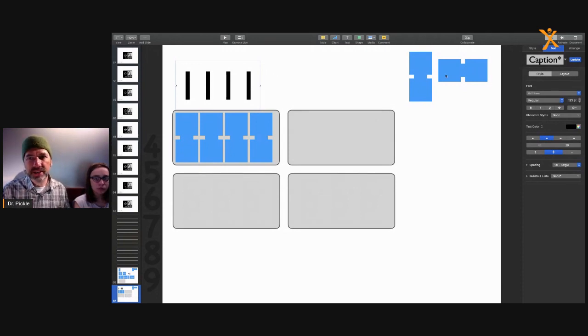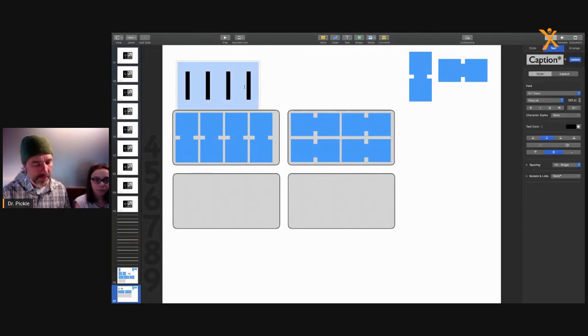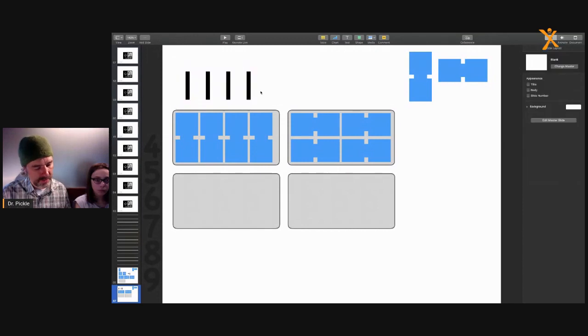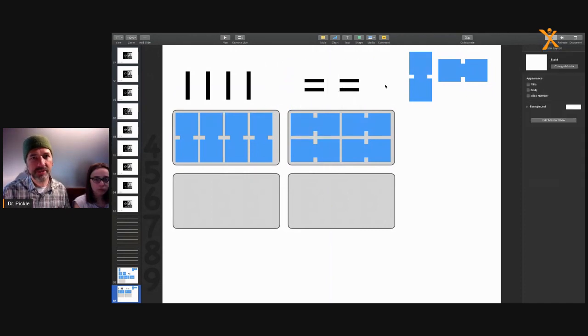Heatley is suggesting, using the same method, this solution, which is just this one. This is just equals and then equals. Okay, so that's right. Yeah, that looks good.